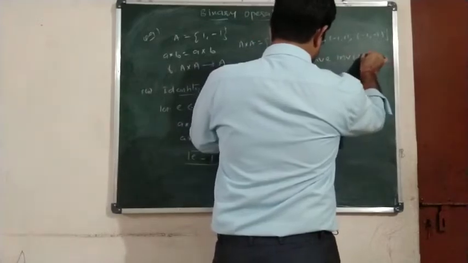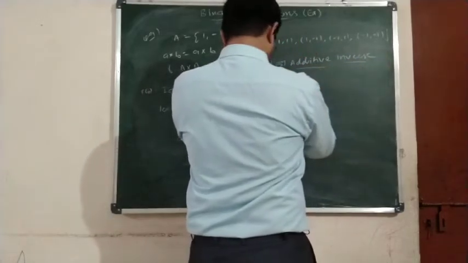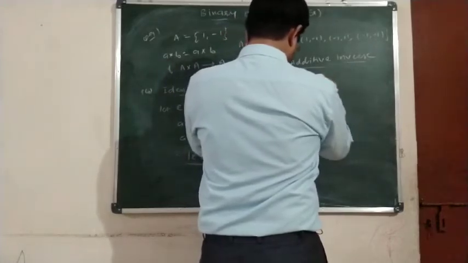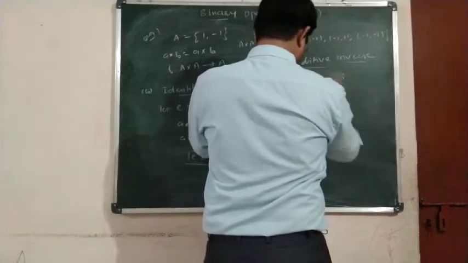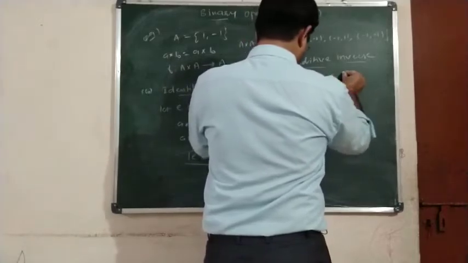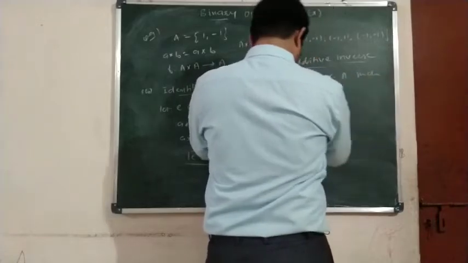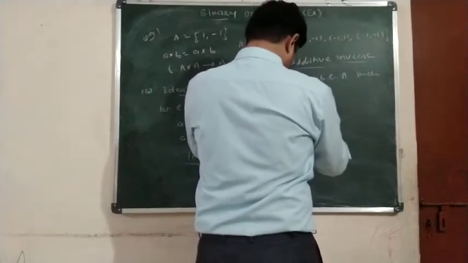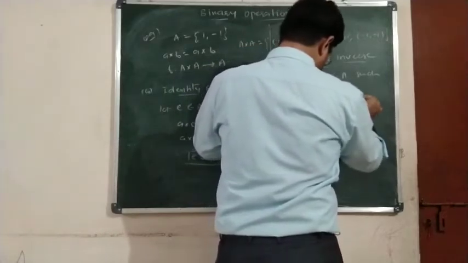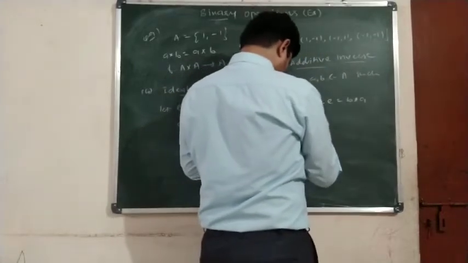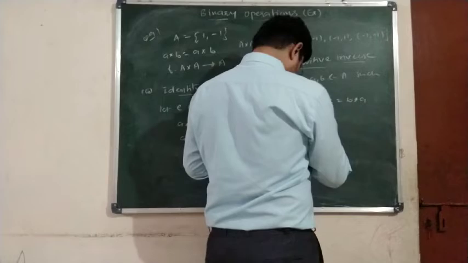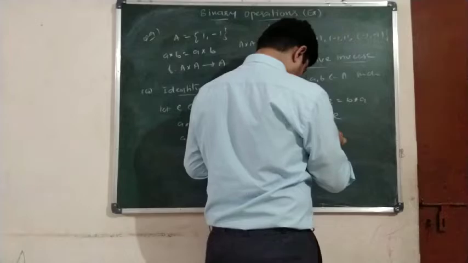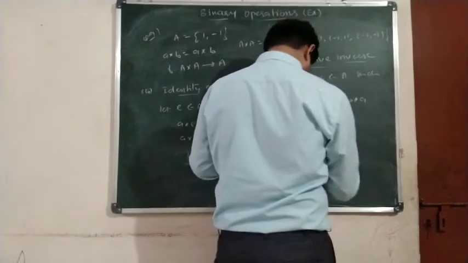Additive inverse, okay. Let A and B belong to set A such that A asterisk B is equal to E is equal to B asterisk A. Therefore, A asterisk B is equal to E. A multiplied by B is equal to E, which is 1.